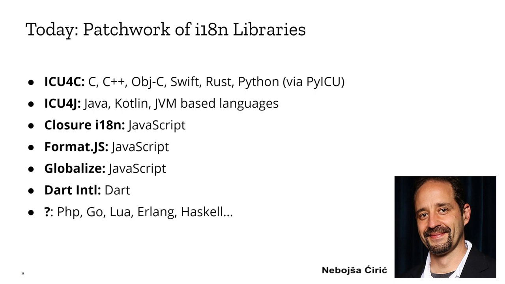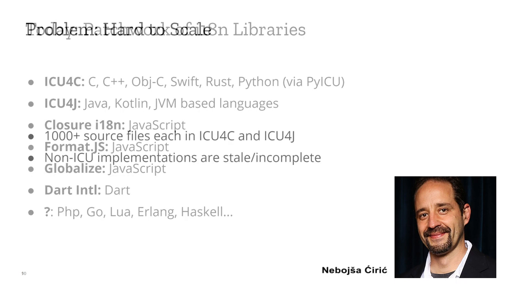Most complete are ICU4C and Java, supporting major languages like C++, Swift, Python, Java, and JVM-based languages. JavaScript support has improved drastically in past few years, but it's still somewhat fragmented. Some high-profile languages like PHP, Go, Haskell still have scarce i18n support.